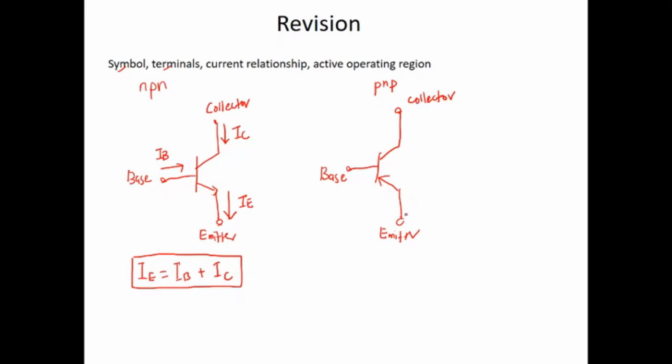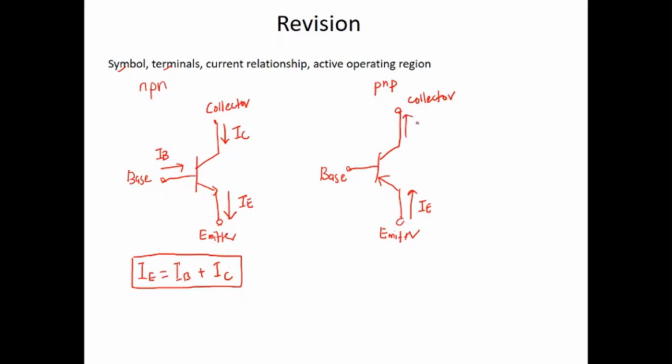For the PNP, the emitter current direction follows the arrow direction of the symbol, so it faces upward. This is IE. Now you see the emitter current is entering the PNP BJT, so the base and collector currents will be exiting.